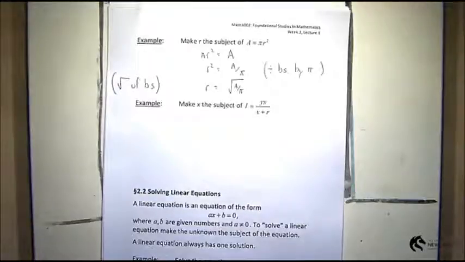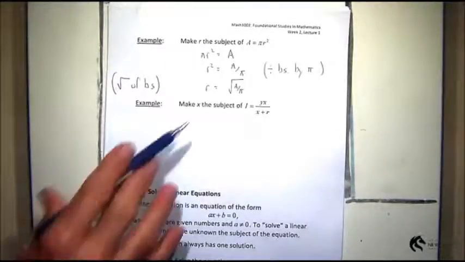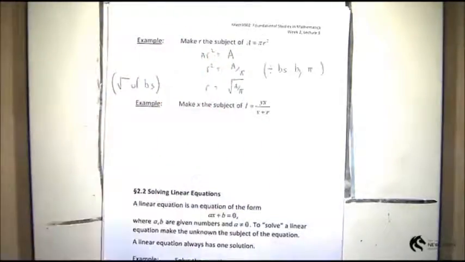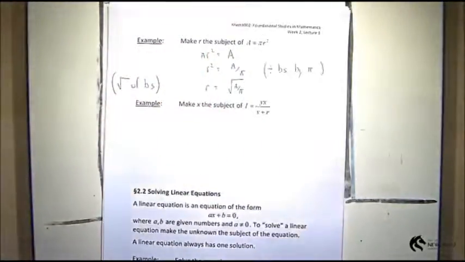And in this case I'm only going to take the positive value because I'm thinking of this as a circle. So I'm going to say my radius is positive in there. And so there I have made R the subject of that formula.